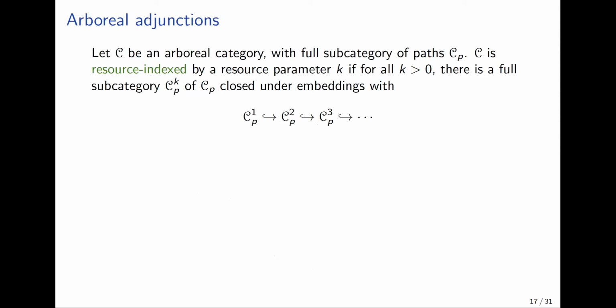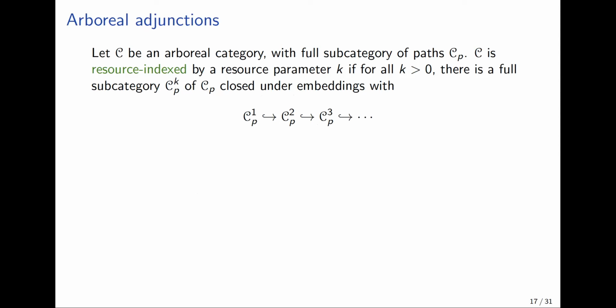The idea is that you start with an arboreal category C. Its full subcategory defined by the paths is C_P. And then you say that C is resource-indexed if for each k there is a full subcategory C_P^k of C_P. So this is some collection of paths essentially, which is closed under embeddings, so downwards closed in a sense, such that these categories form an increasing chain.